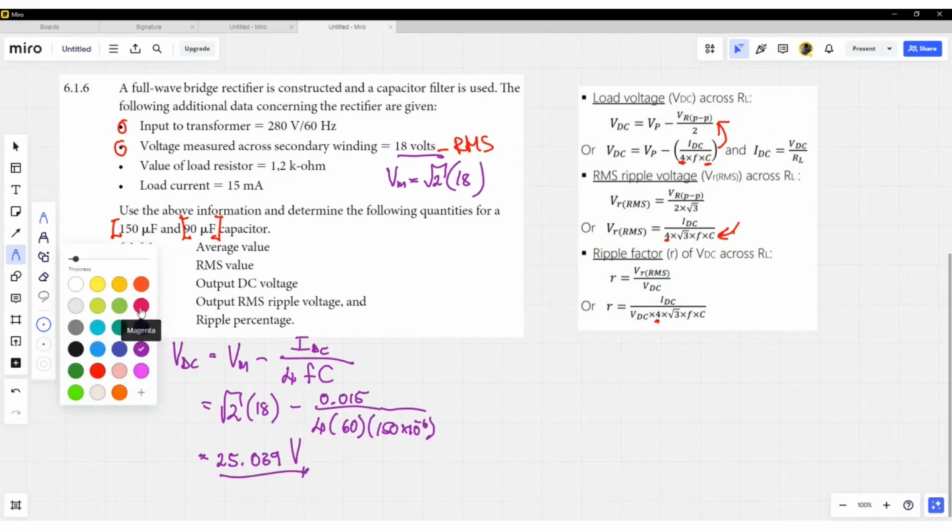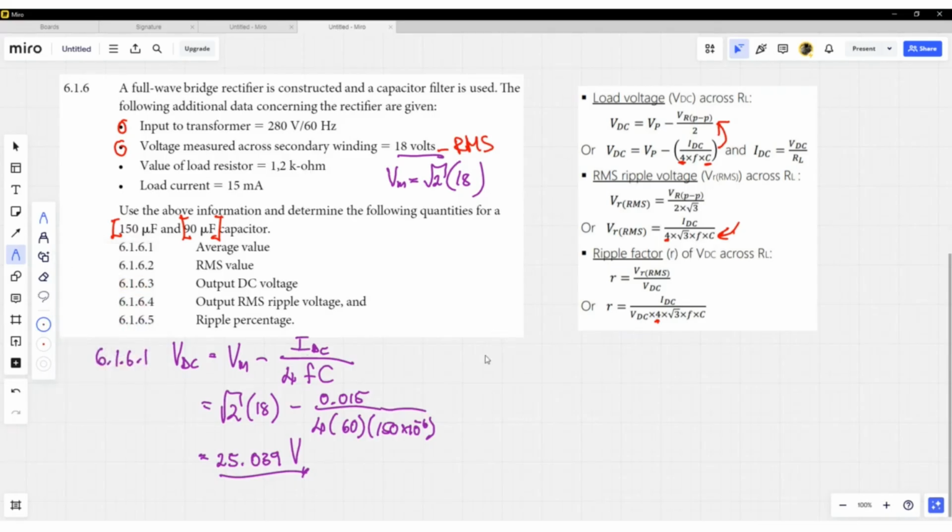Then the RMS value, 6.1.6.2. Yeah, so I'm not too sure what they're referring to here. I think that's the ripple RMS, though they do ask it here. So this is what I mean with the textbook is sometimes a bit off.